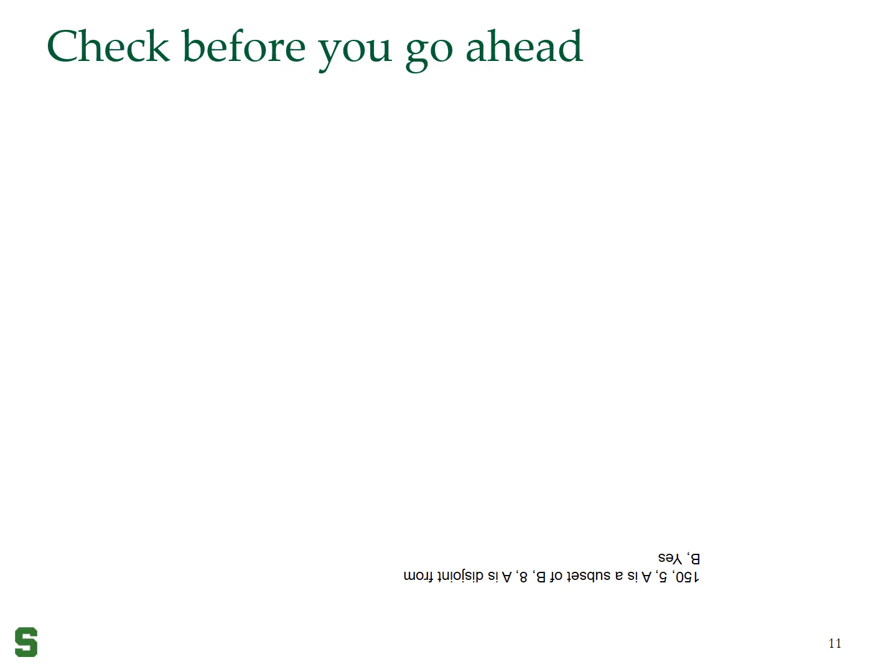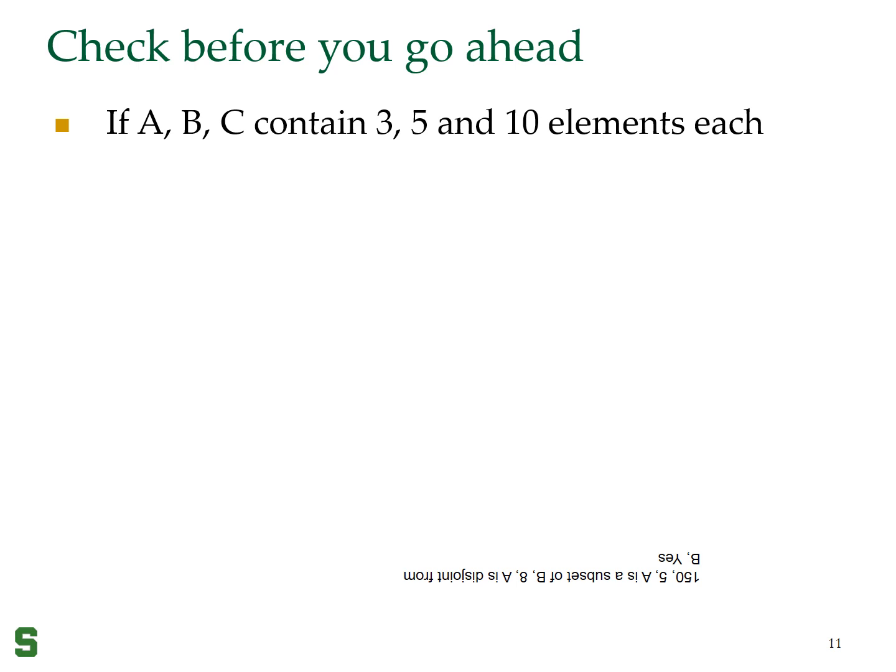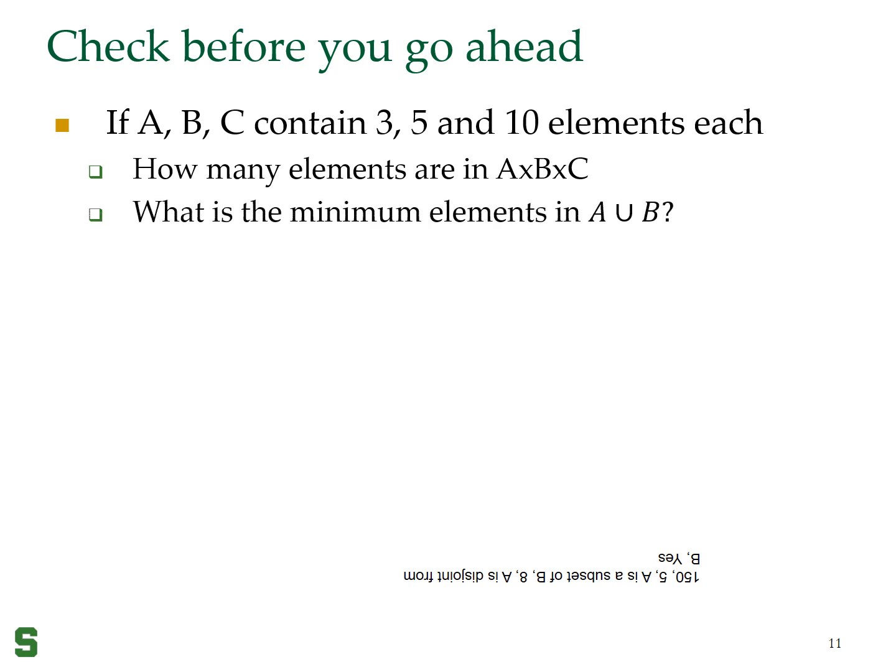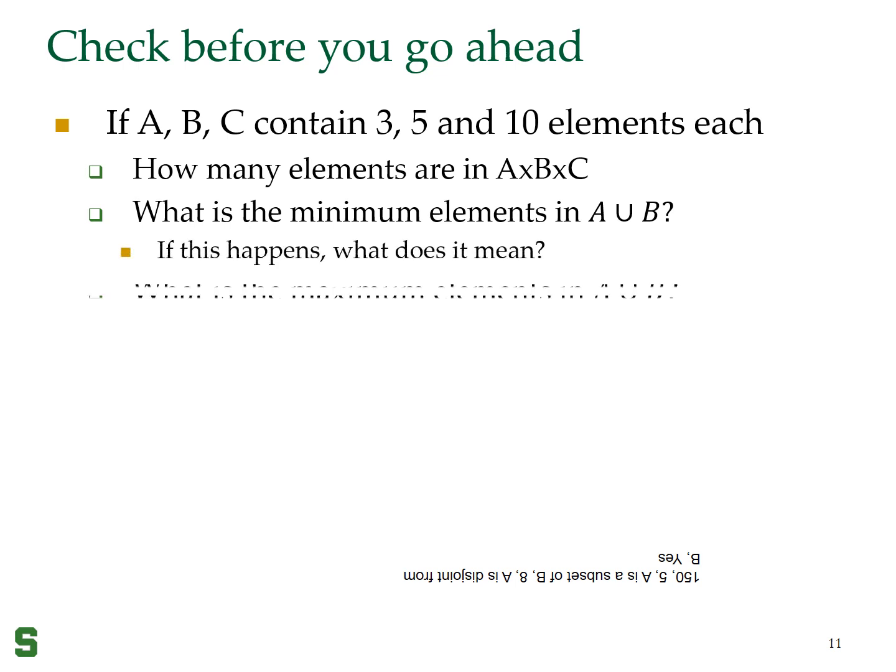Once again, we have reached the check before you go ahead slide. So what I want you to be able to get from this is to be able to answer these questions. If A, B, and C contain 3, 5, and 10 elements respectively, how many elements are in A cross B cross C? What is the minimum size of A union B, and when does this happen?